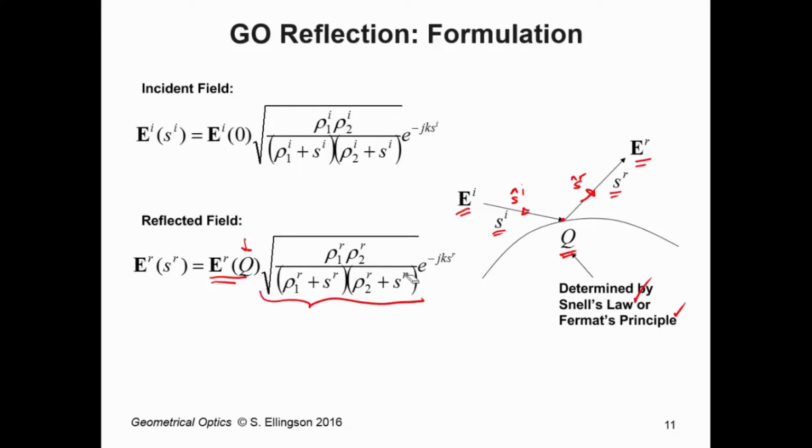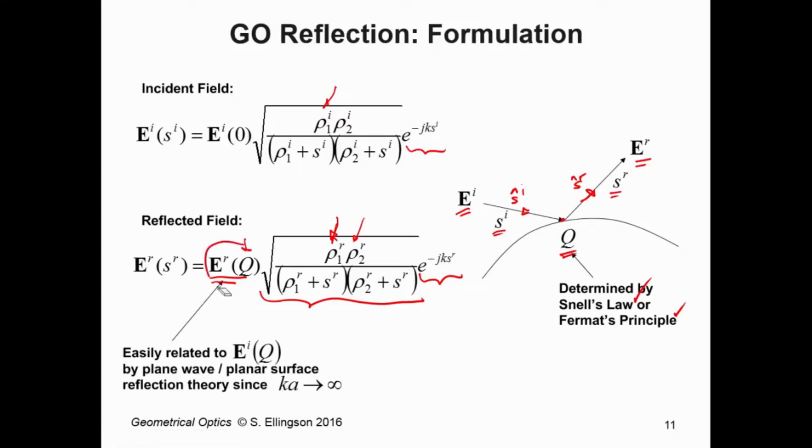There's a new spread factor because the wavefront curvatures have changed. So rho super I sub 1, for example, becomes rho super R sub 1. And the phase factor becomes e to the minus jk s super R as opposed to e to the minus jk s super I.